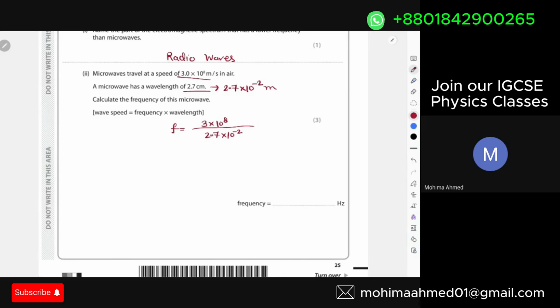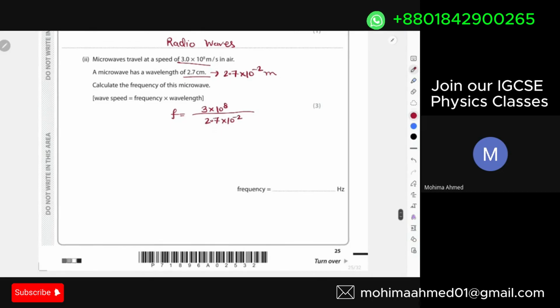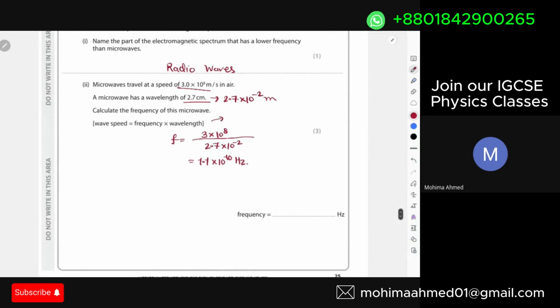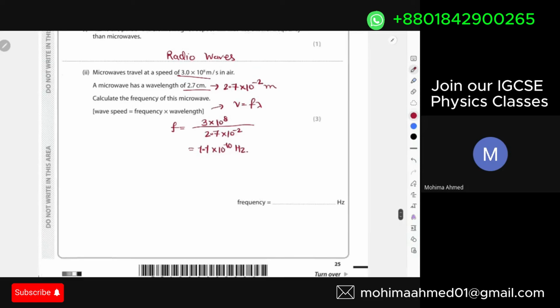From there, if you calculate it, you are going to end up with 1.1 × 10^10 hertz. And that is your final answer. By the way, you're using the equation v = fλ. From there, I just rearranged and made frequency the subject of the equation.